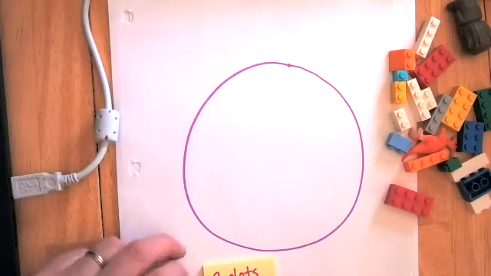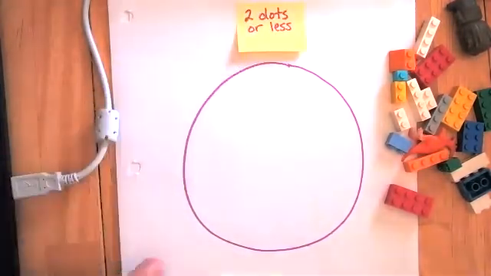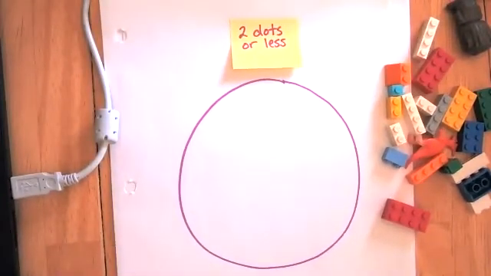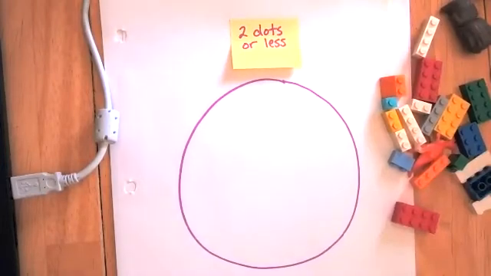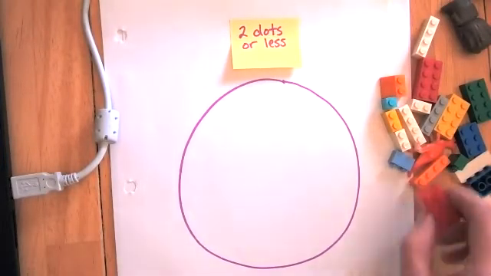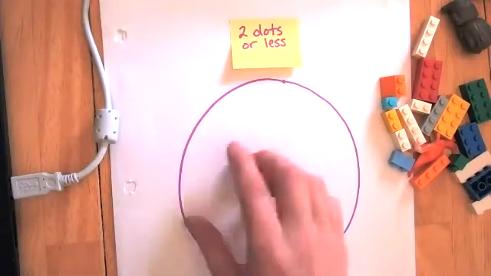So it's Lego with 2 dots or less. This is my little heading, that's telling me what I'm looking for. Right now, this is all my data, or my information. Sorting is what I'm going to be doing, and then I'm grouping it when I put it into the right group.